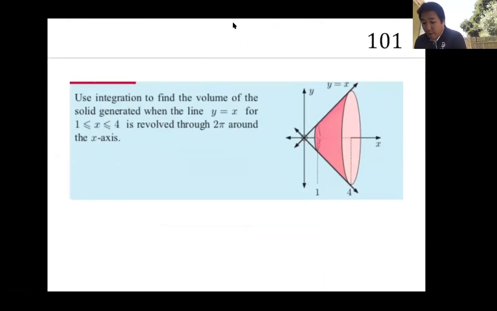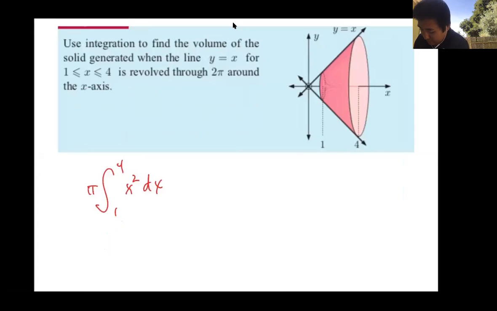So use integration to find the volume of the solid generated when the line y equals x from 1 to 4 is rotated. It's pi times the integral from 1 to 4 of x squared dx. So integrate that.